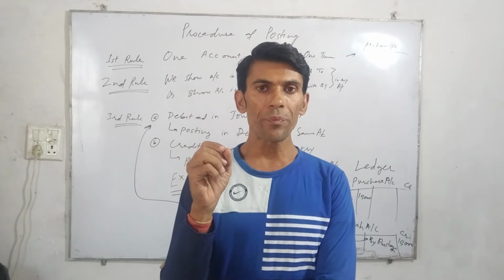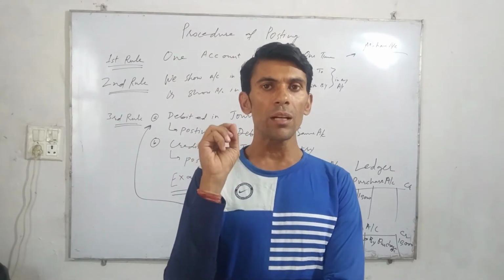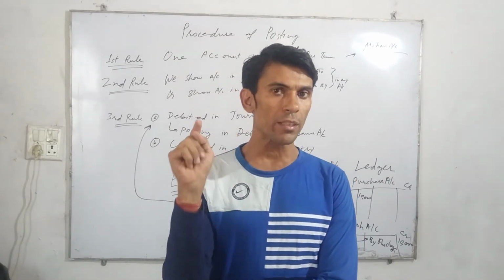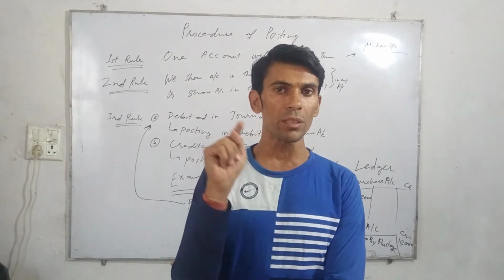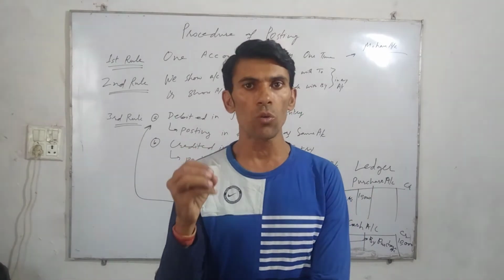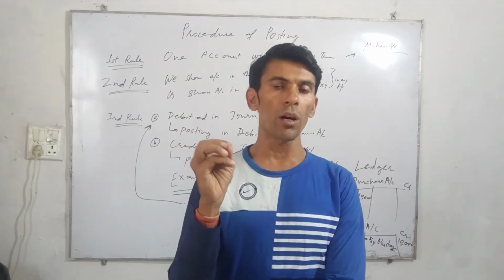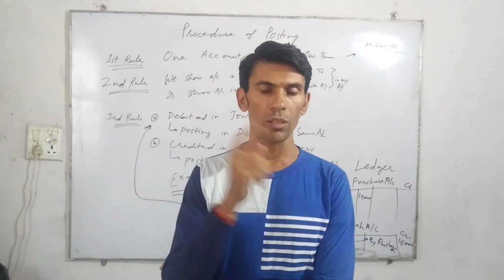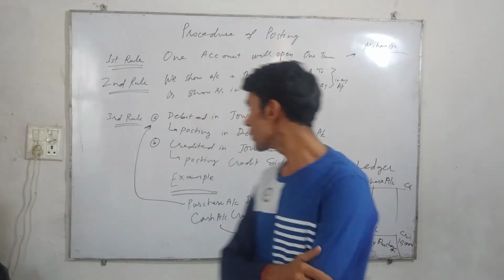And if any account and amount is credited in the journal entry, we open the same account, and if the account is already opened, we also show in the credit side the other account with the same amount.